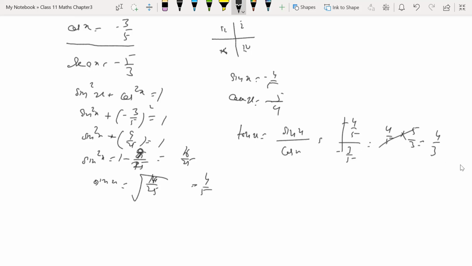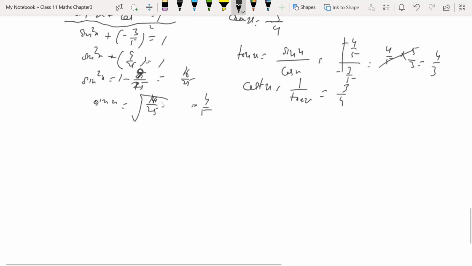So tangent is 4 by 3, and cotangent is the reverse of tangent x. It is 3 by 4. Those are the values for all of these functions. Trigonometric identities are learned better like this.